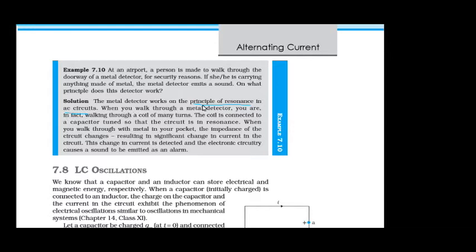When you walk through a metal detector, you are in fact walking through a coil of many turns. The coil is connected to a capacitor tuned so that the circuit is in resonance. When you walk through with metal in your pocket, the impedance of the circuit changes, resulting in a significant change in current in the circuit.